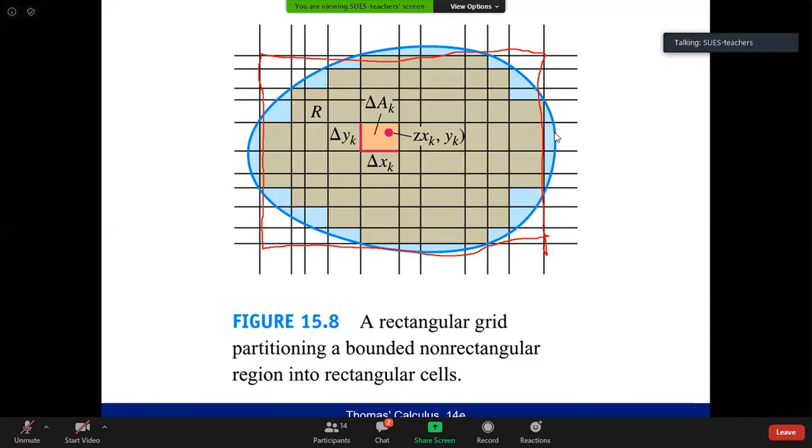Okay, so we see a rectangular grid partitioning a bounded non-rectangular region. We are using a rectangular grid to partition a bounded non-rectangular region into rectangular cells. So this is the general region, which is no longer a rectangle.